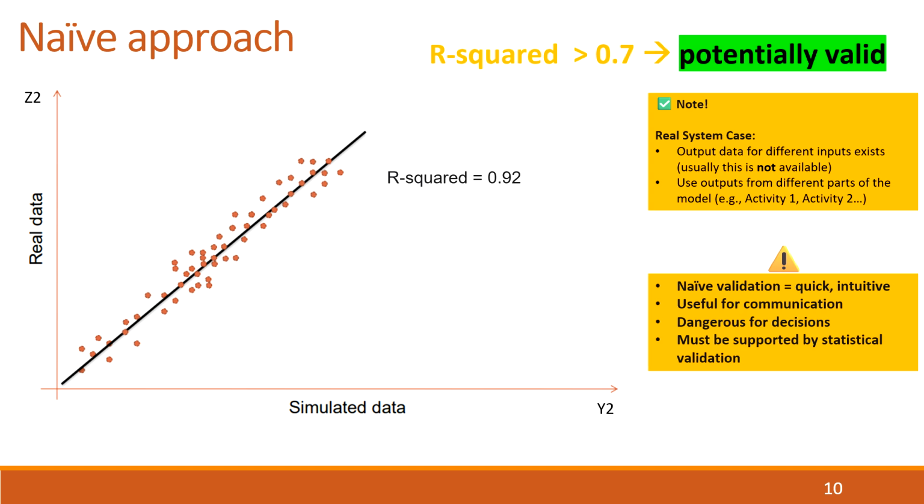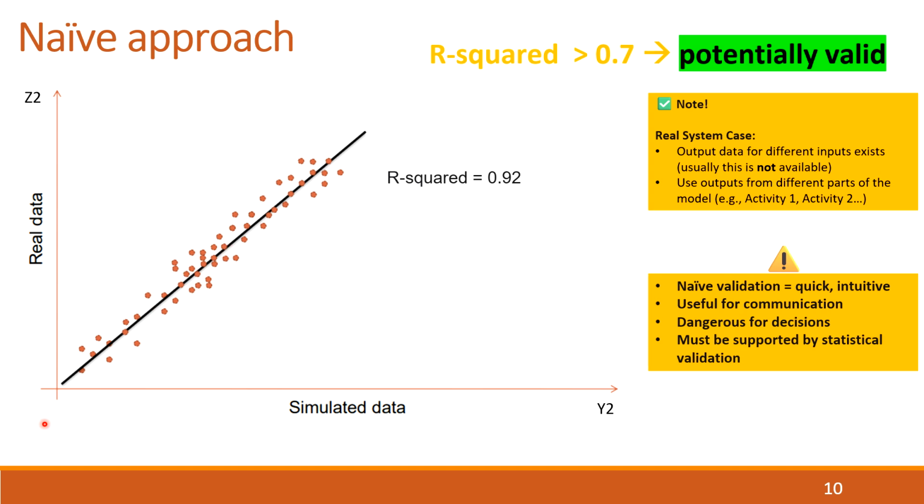So what kind of data? We are collecting information from the model, so we have simulated data and corresponding real data. The dots are representing the data points.